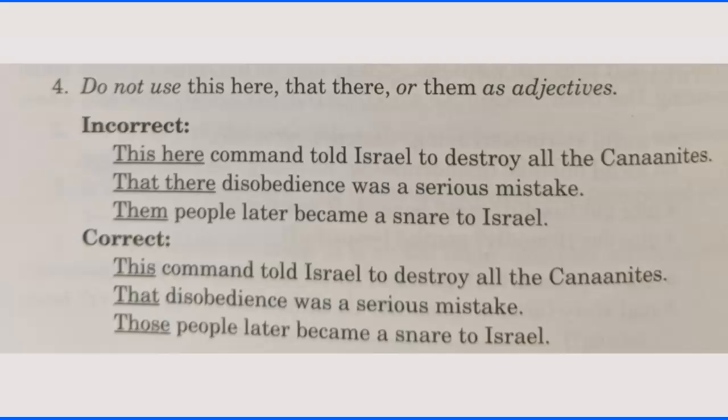This is a common issue in Southern dialect. And so we need to make sure that we don't use here, there, or them as part of our sentences. Instead, we would say this command told Israel. That disobedience was a serious mistake. Those people later became a snare to Israel. So just be careful and don't put in extra words when you don't need them.